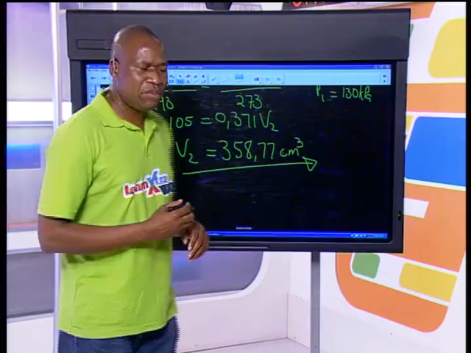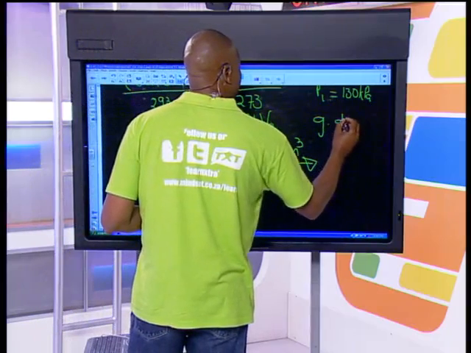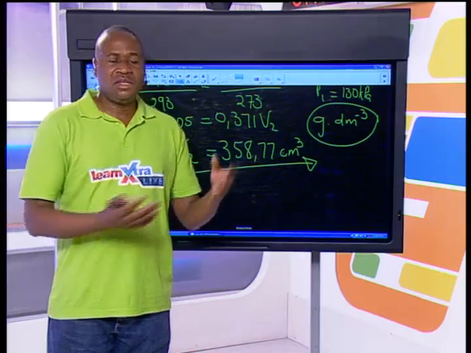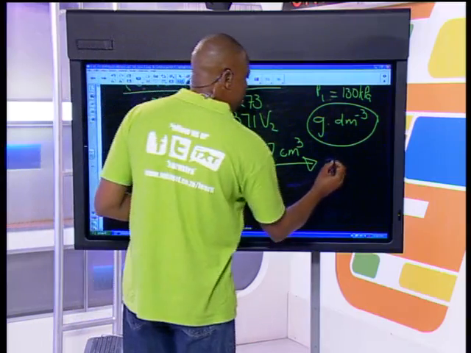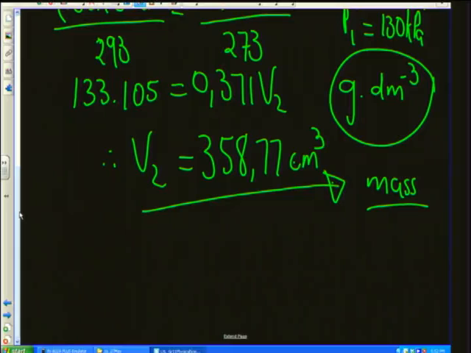What is meant by the term grams per decimeter cube? That's from STE. Grams per cubic decimeter, that is, you are dividing mass by volume.